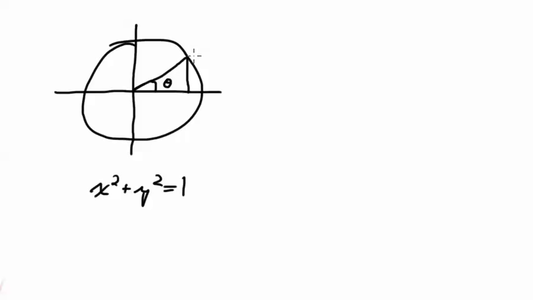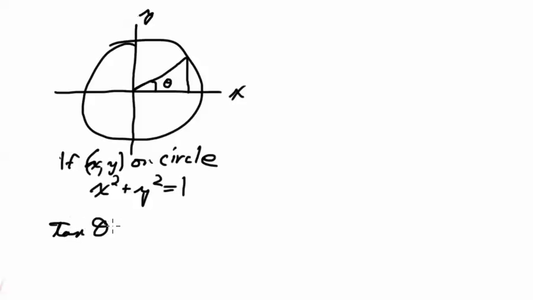I'm going to call this y and this x, and as long as x comma y is on the circle, then the tangent of theta is equal to y over x.